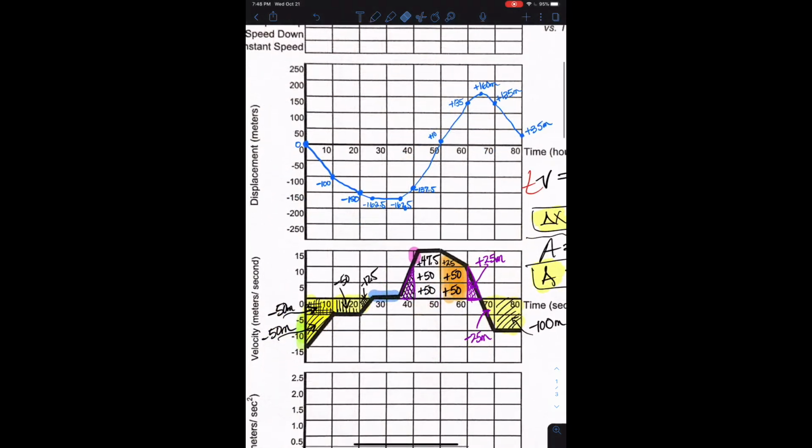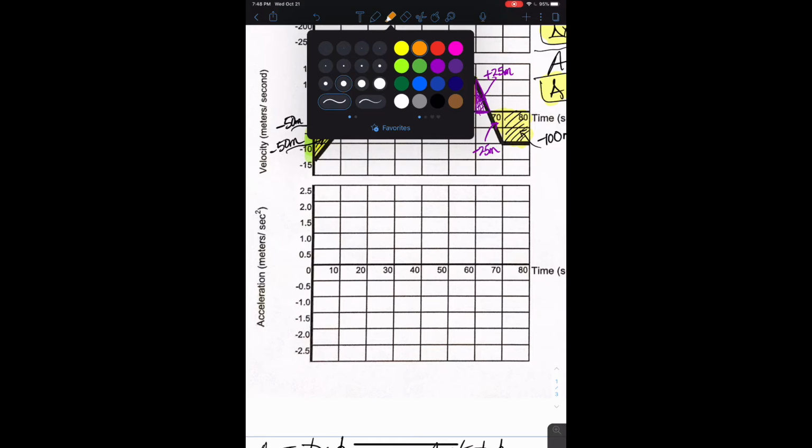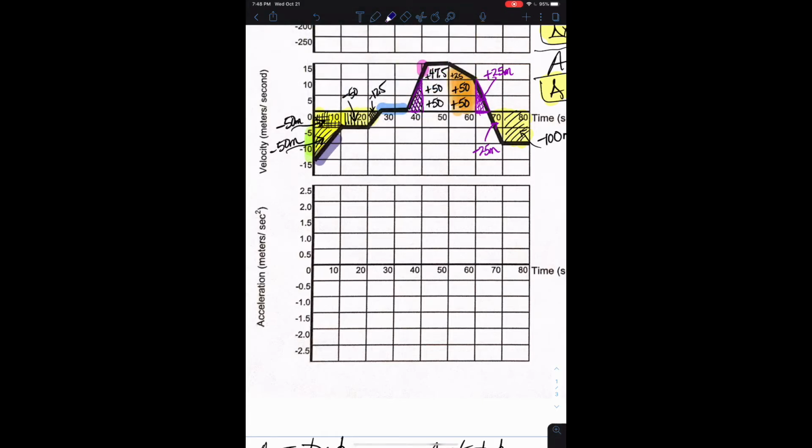All right, so now let's make this acceleration graph, and for here we're going to talk about slopes. And so to do this, we'll start with finding this slope right here.